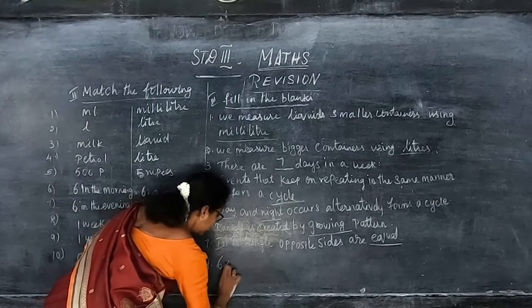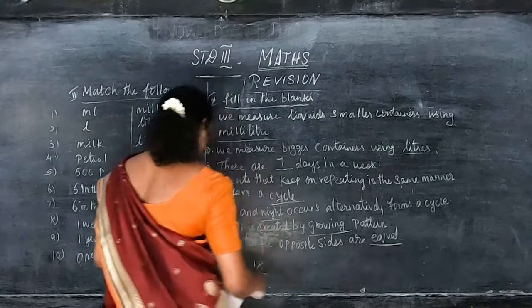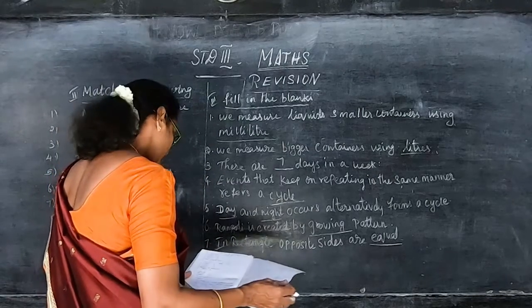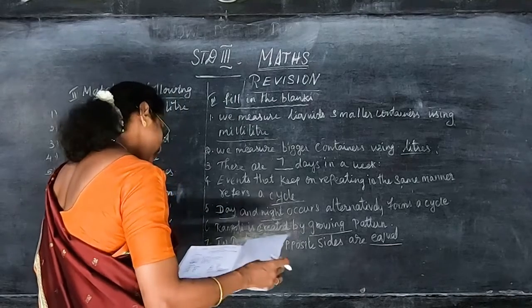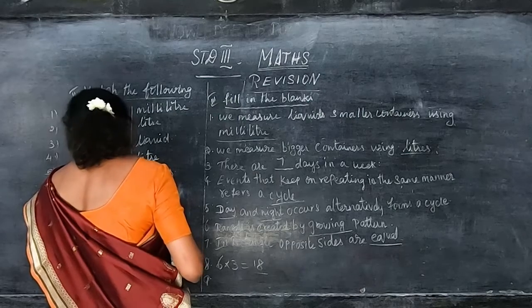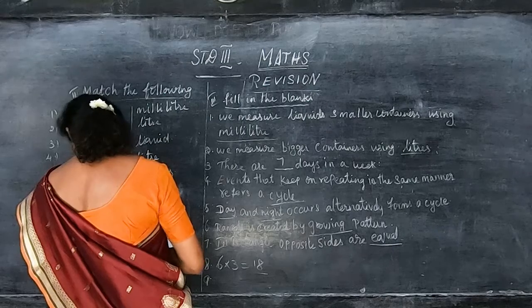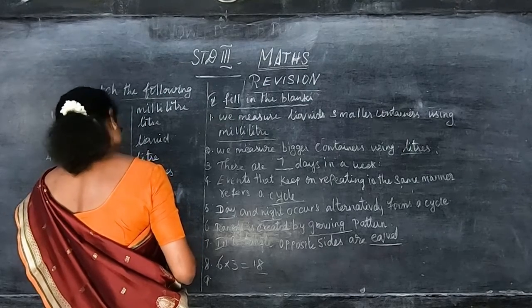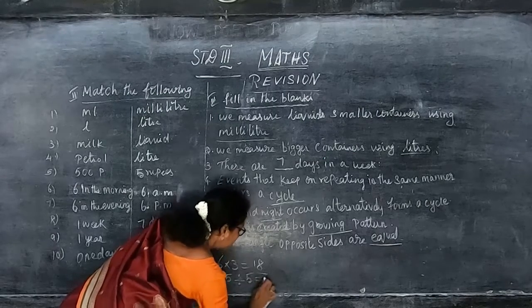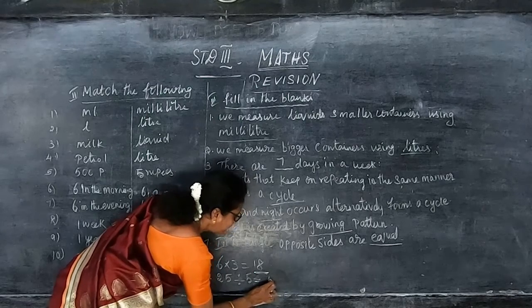Sum: 6 into 3 is equal to dash, 18. And the ninth one, dash divided by 5 is equal to 18, that is, dash is equal to 5.